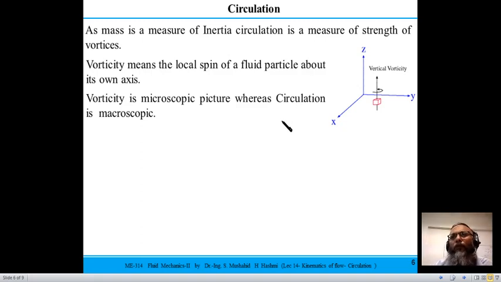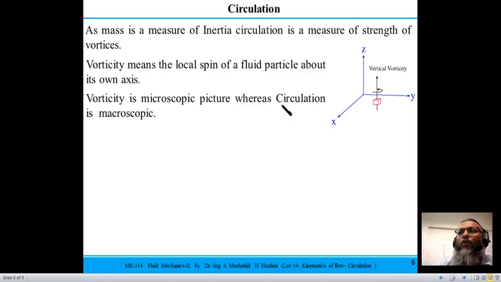When you talk about circulation, you are not interested in each and every individual particle, but in the strength of the vortices within the closed contour. Once you calculate vorticity, you are interested in a particular fluid particle, and its rotation about its own axis. It is very important to appreciate that vorticity means the particle is rotating about its own axis, whereas in circulation different particles would be rotating about their own axes.